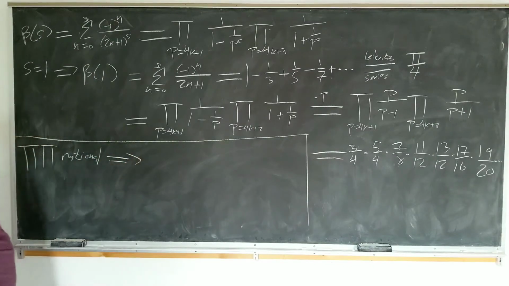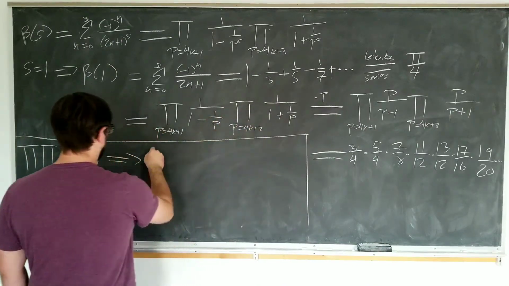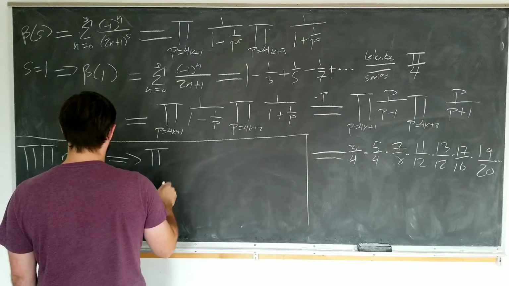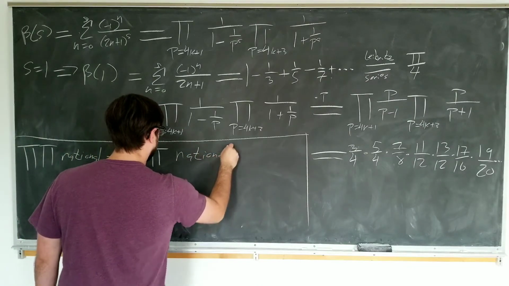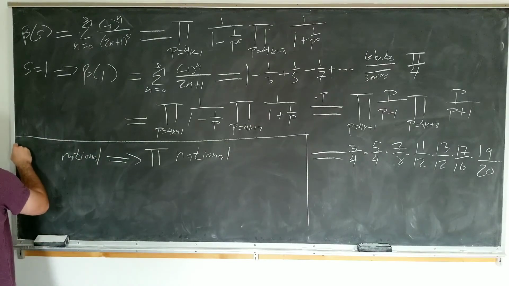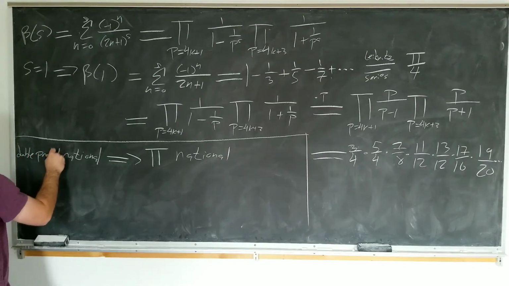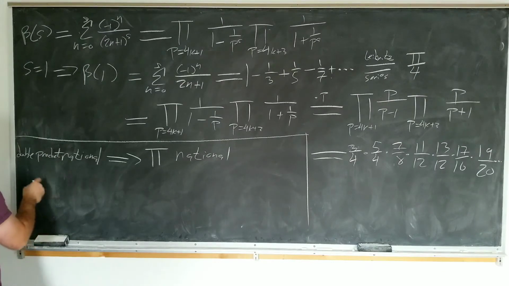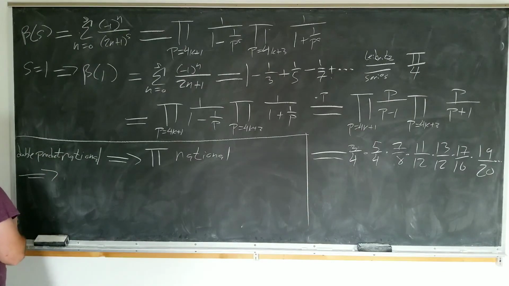This tells us that our sum must be rational as well, but the sum is equal to pi over 4. So this tells us that pi must be rational, which is obviously a contradiction.